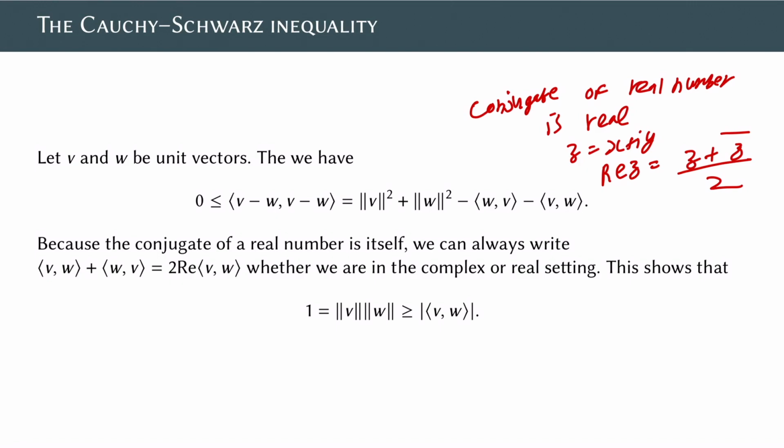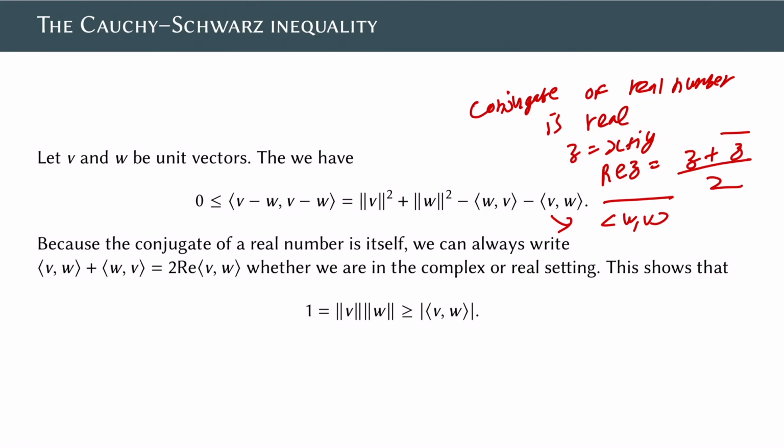Now, because the conjugate of a real number is itself, even in the real setting, I can write this as wv conjugate, even if vw is a real number. If it's a real number, wv conjugate is just vw when we are in the real setting.